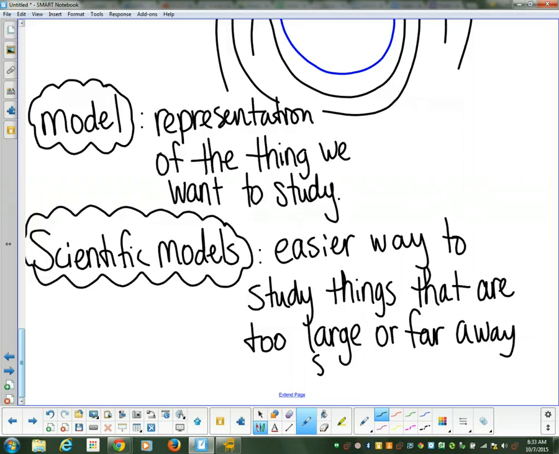And this could also be small, because when we study atoms, it's an easier way to study things that are too large or far away or small, all right? And it's our way of studying them, because we can't observe them directly.